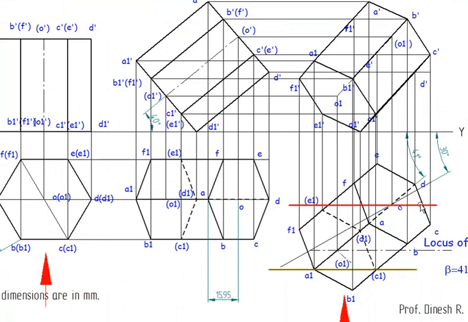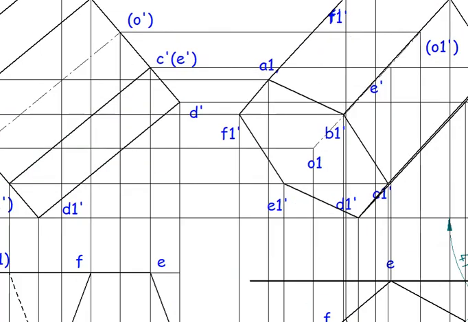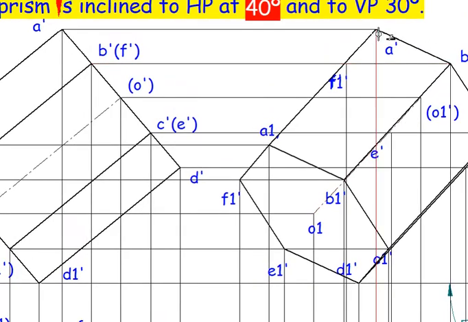The farthest point for an observer is E point. So lines joining E must be hidden lines. So I'll just go for line. From E point, E dash to E1 dash.